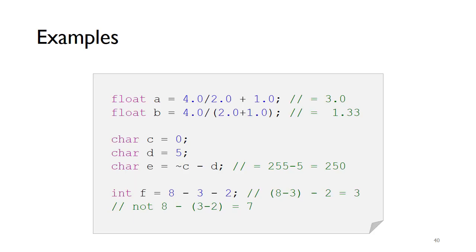So when we wrote this top expression here, we've got 4 over 2 plus 1. That will actually come out to be 3 because the division is most precedent. So this will take place first, then we'll add it to 1.